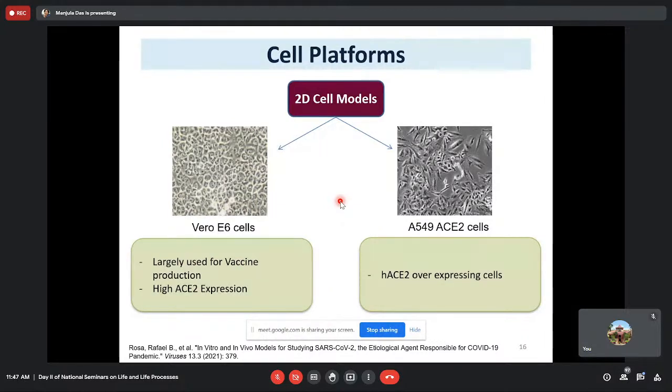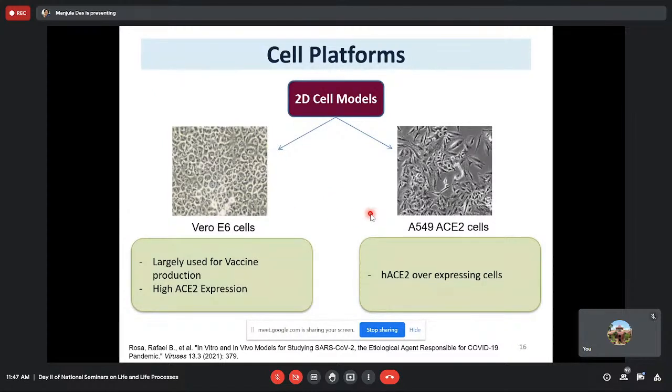Vero cells are monkey kidney cells, and they express ACE2. So we wanted to use Vero E6 cells for seeing the effect of viral infection and how our molecule prevents it. Vero E6 cells, which express more ACE2, were better.